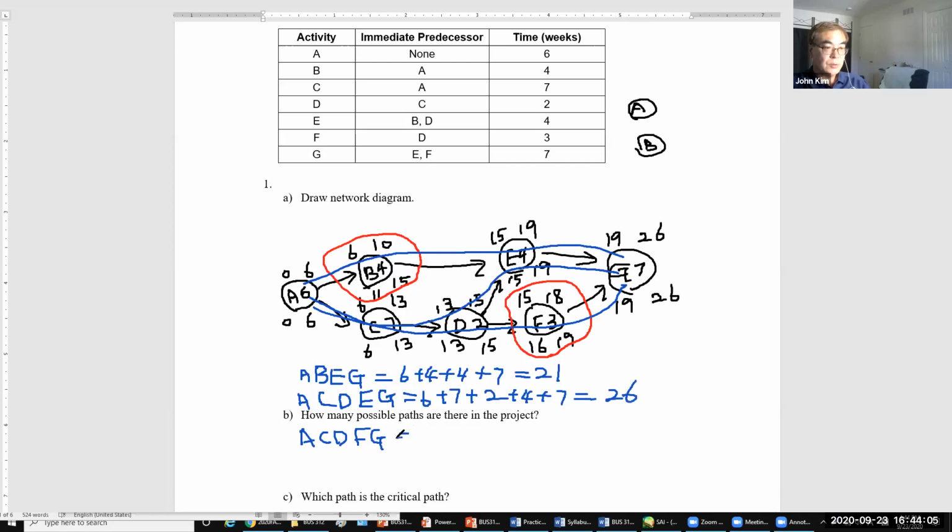And next one, ACD, 6 plus 7 plus 2 plus F is 3 plus 7G equals 25. So among 3 possible passes, this one is longest. So this path is critical path.